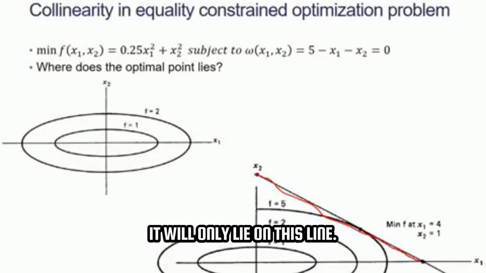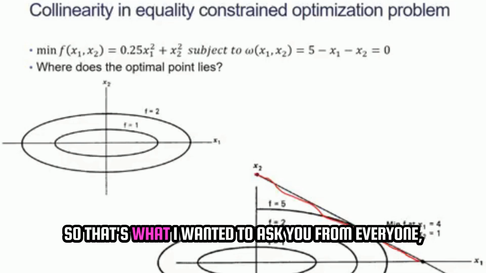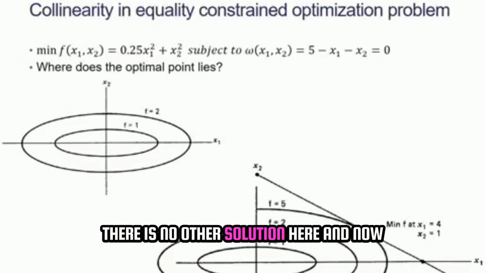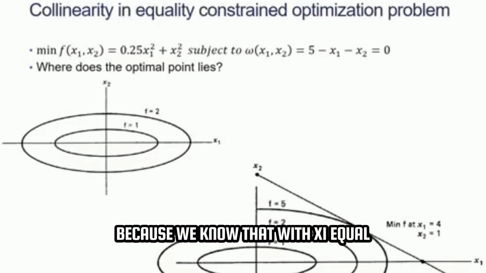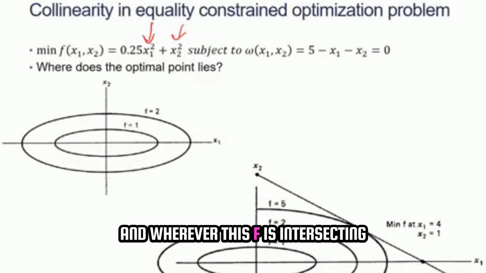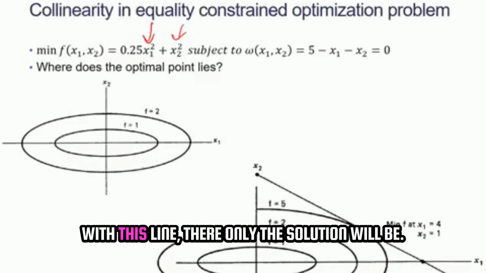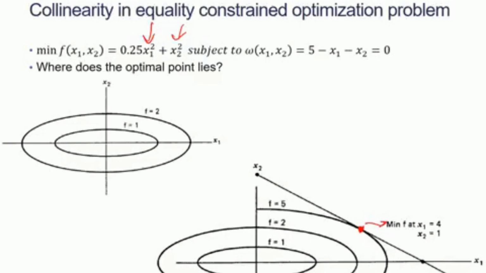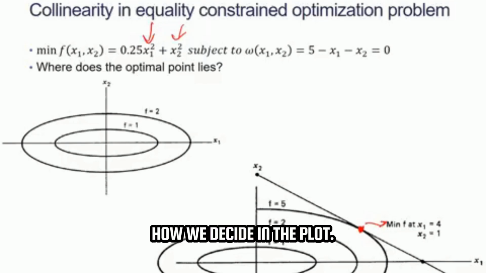It will only lie on this line. Because we know that with x1 equal to 4 and x2 equal to 1 the f value is 5, wherever this f equals 5 contour intersects this line, there the solution will be. So this is going to be our optimal solution, which is mentioned here. You got my point, how we decide in the plot.